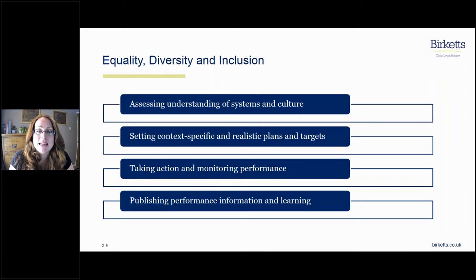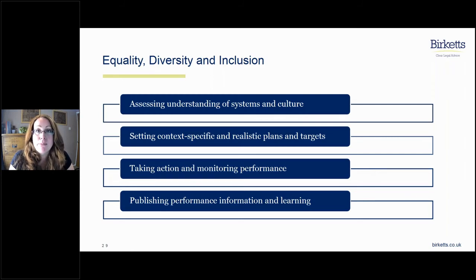Then it's about setting context-specific and realistic plans and targets. So how can you integrate equality, diversity, and inclusion into your organisation? Making sure that this is from the board level right the way down.